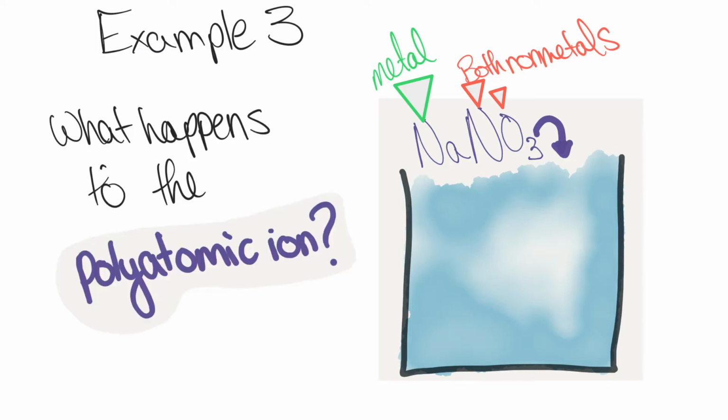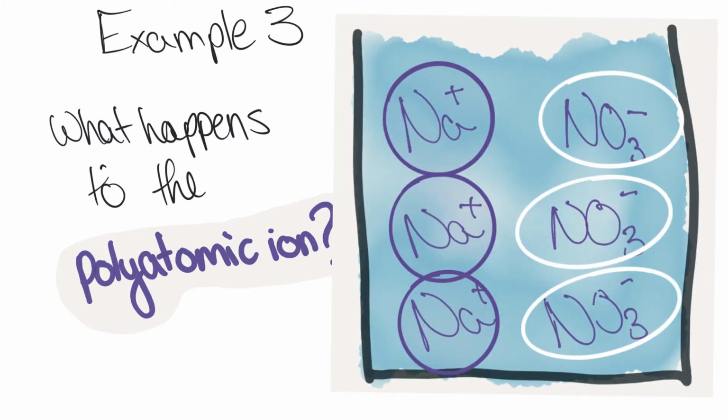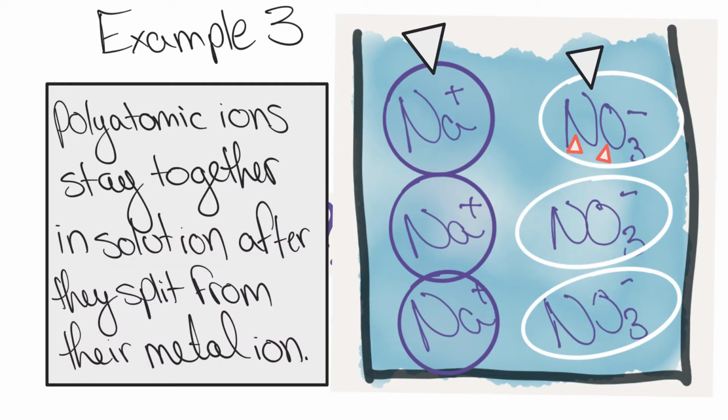That leaves us with the question, what happens to the polyatomic ion when it dissolves? And what happens is that the 2 ions, the metal ion and the polyatomic ion, split up when they dissolve, but the nonmetals inside the polyatomic ion stay together as 1 ion in solution. This is another graphic I would strongly suggest you write down.